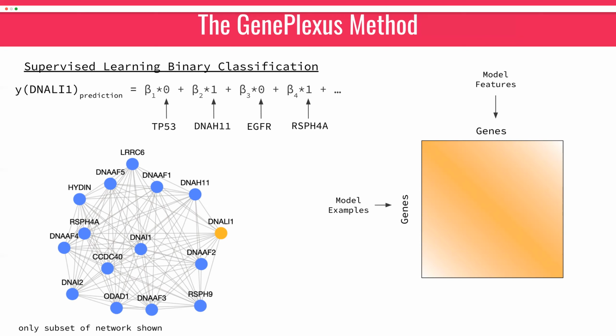So for instance, if you're going to predict on one gene, a network connection being 0 means it doesn't have an edge, and a network connection being 1 means it has a connection. These can also be weighted, and then you put enough positive and negative samples in here and you can learn these beta coefficients.